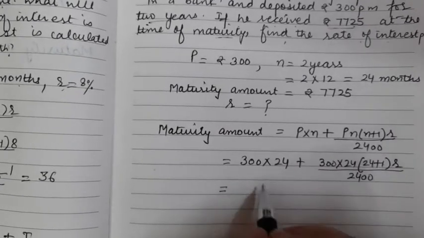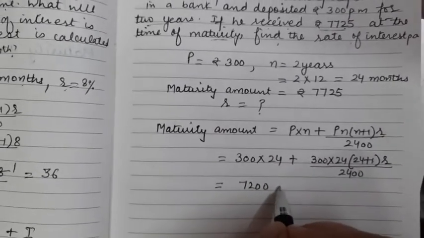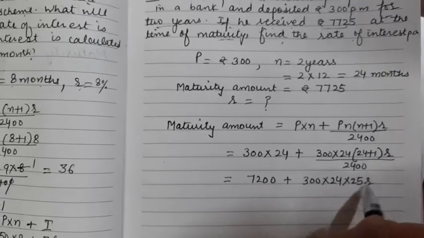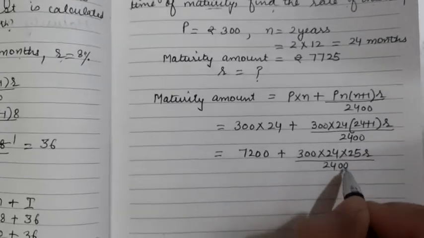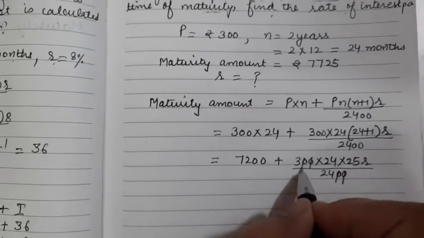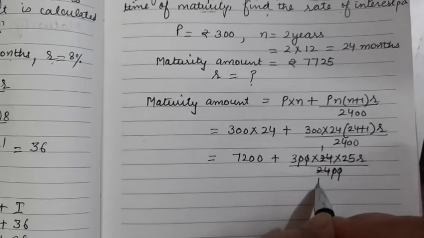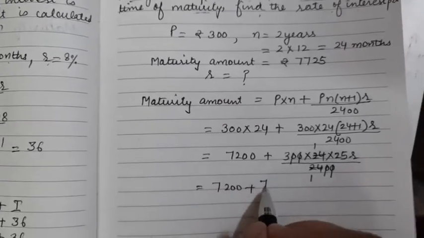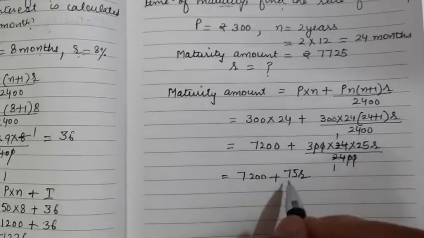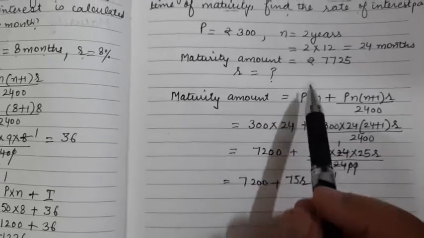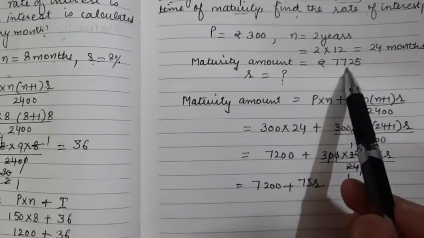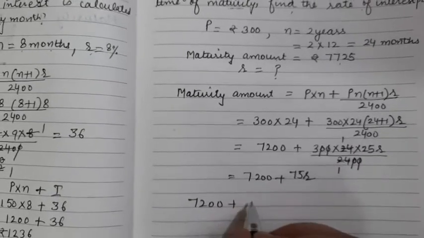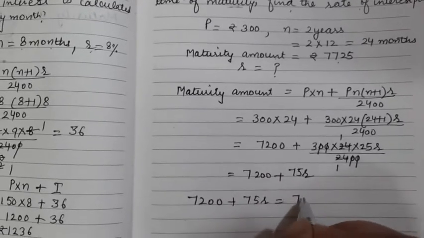This becomes 7200 plus 300 into 24 into 25 R over 2400. These two zeros cancel with these two. 24 ones are 24, and then 7200 plus 25 into 3 is 75 R. So this is the maturity amount. According to the problem, we are given maturity amount equal to rupees 7725. So 7200 plus 75R equals 7725.